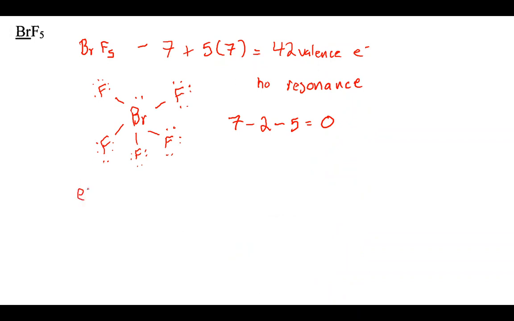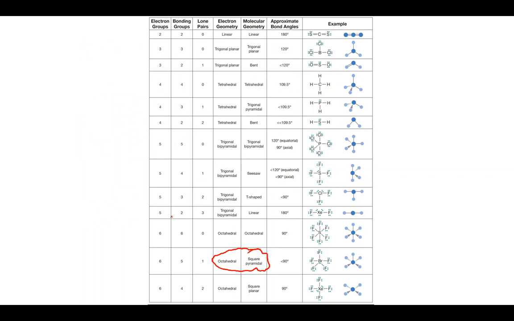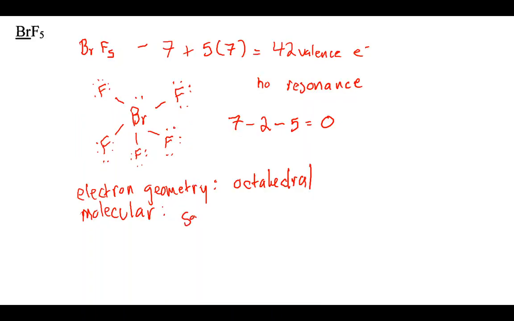So in this case, electron geometry is octahedral, and molecular would be square pyramidal. Okay, so that's that one.